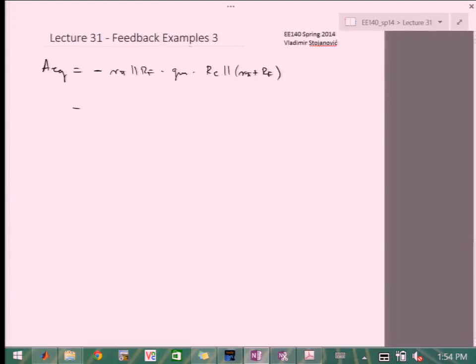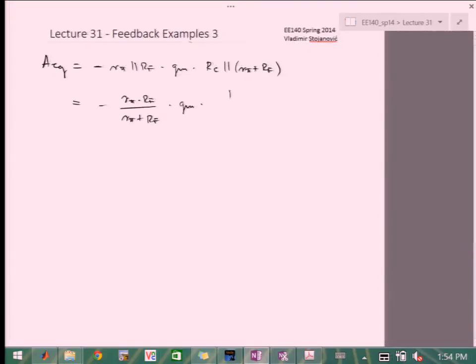So if we want to massage this a little bit so we show it's exactly the same as the previous one, you can write it in the developed form. And then here we're going to have RC times R pi plus RF over RC plus R pi plus RF. So these two will go away.